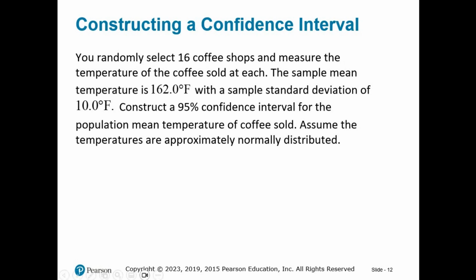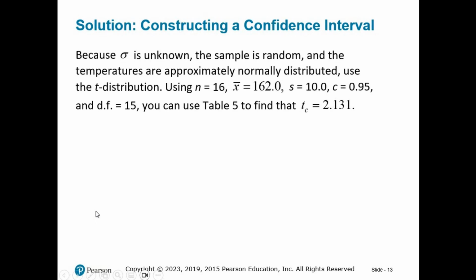So the very first thing we look at is whether or not sigma, population standard deviation, is known. They did not give it to us in this case. So we're going to ask the rest of the questions to see if we can use t distributions. The sample is random, and they told us the temperatures are normally distributed. So yes, we can use the t distribution. Next, we gather data.